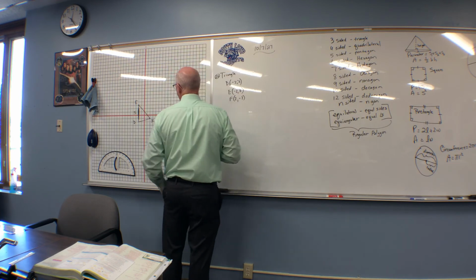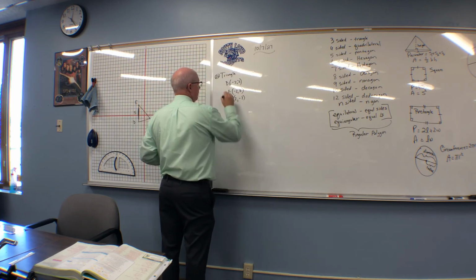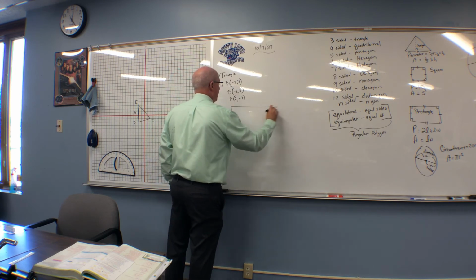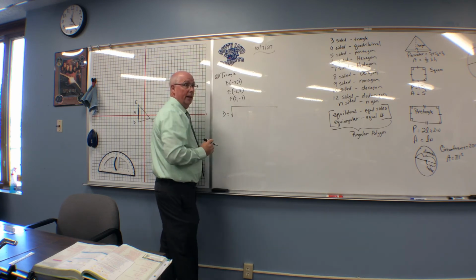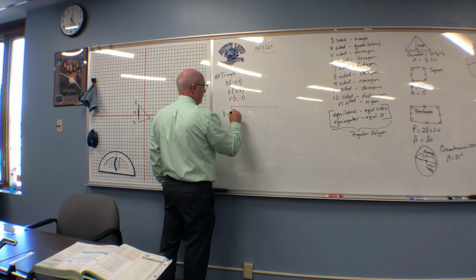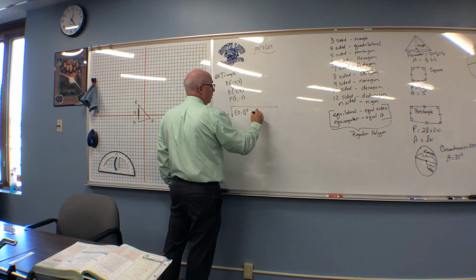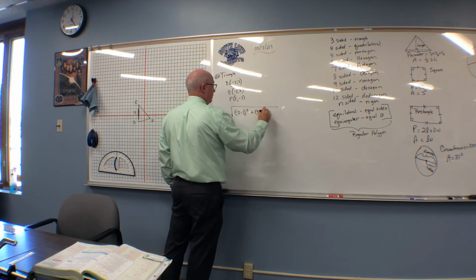Okay, so let's find EF. We're finding the distance between E and F. So the distance, remember this? It's x minus x, right? So -2 minus 2 quantity squared plus 3 minus -1 quantity squared. Is that right? Yes.